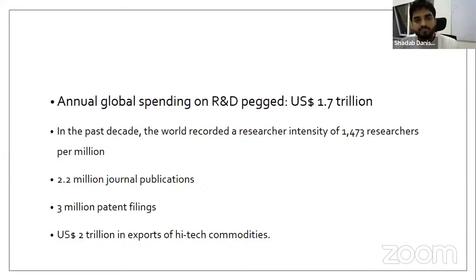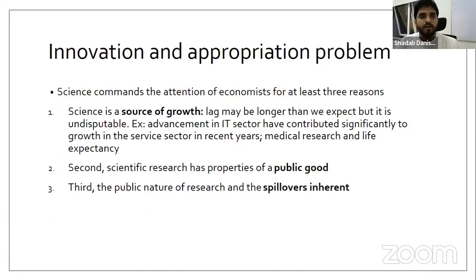In the past decades, the world recorded a researcher intensity of 1,473 researchers per million, 2.2 million journal publications, 3 million patent filings, and 2 trillion in exports of high-tech commodities, which shows immense potential, that over a period of time the world at an aggregate level has started focusing on basic science, technology, research areas, as well as innovation.